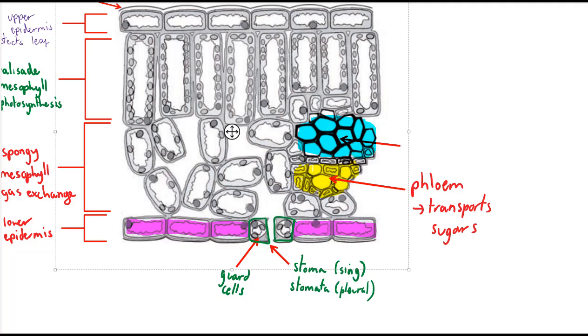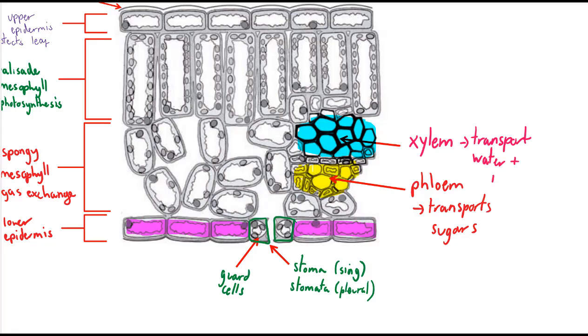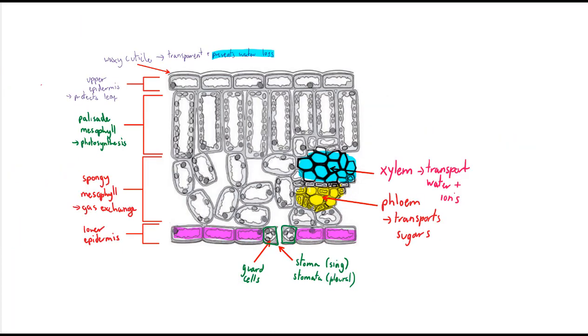This section here with the hexagonal looking cells is the xylem, and it is there to transport water and ions through the plant. So these are the main structures found in a leaf, with a very, very brief explanation of their job.